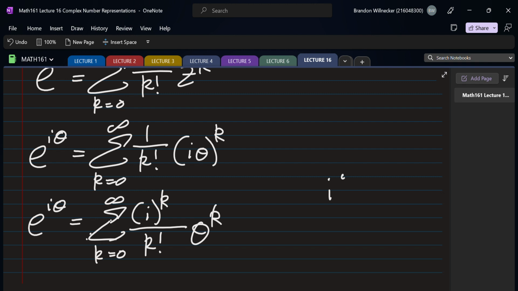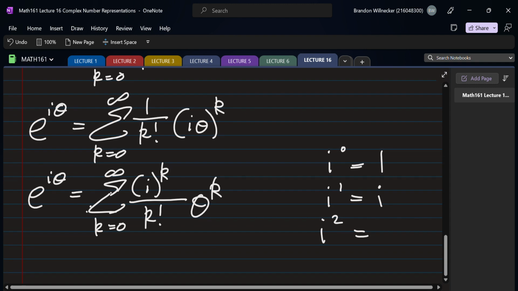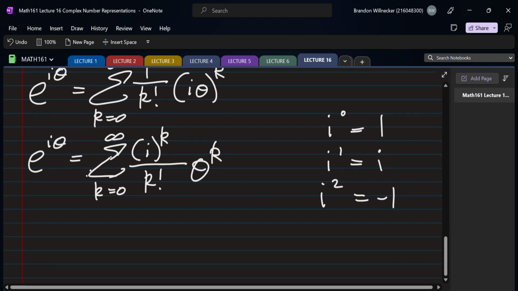So, i to the 0, that's going to be 1, right? 2 to the 0 is 1, 3 to the 0 is 1. The same thing happens with complex numbers. i to the 1 is just i. i squared, by definition, that's minus 1.